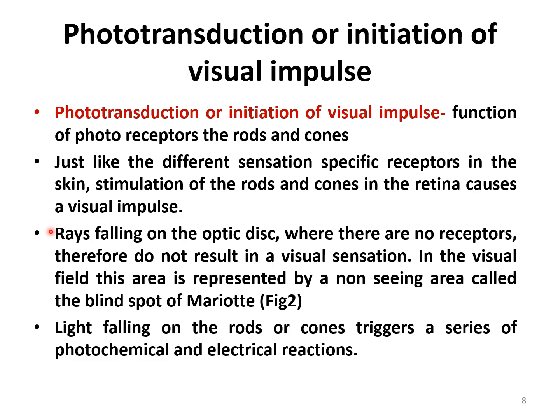Rays falling on the optic disc, where there are no receptors, therefore do not result in a visual sensation. In the visual field, this area is represented by a non-seeing area called the blind spot of Mariotte, as seen in figure 2. Light falling on the rods or cones triggers a series of photochemical and electrical reactions.